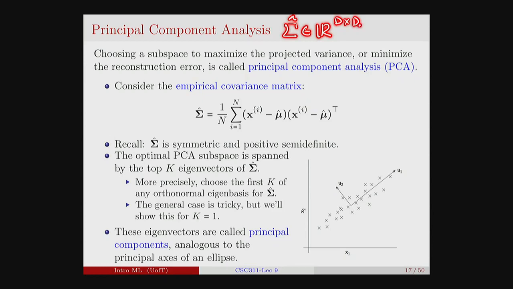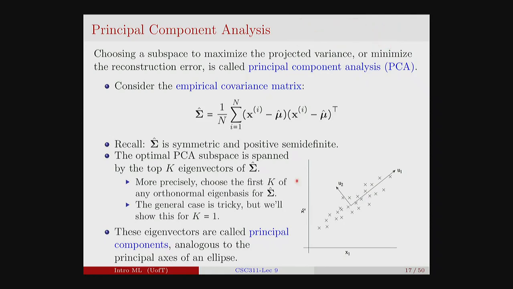Sigma hat, by virtue of being a symmetric positive semi-definite matrix, exhibits an eigendecomposition by the spectral theorem, which means we can write sigma hat as Q transpose lambda Q. And you remember that the columns of Q are the eigenvectors of the empirical covariance matrix, and this lambda is a diagonal matrix where the elements along the diagonal are the eigenvalues.